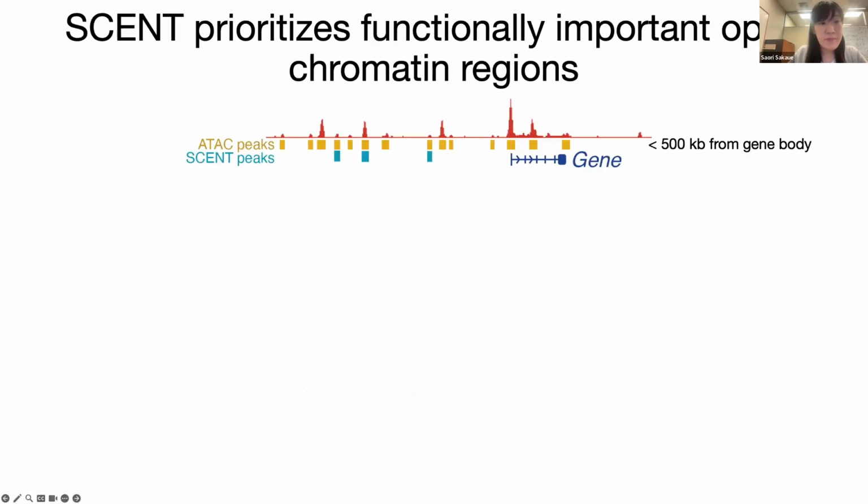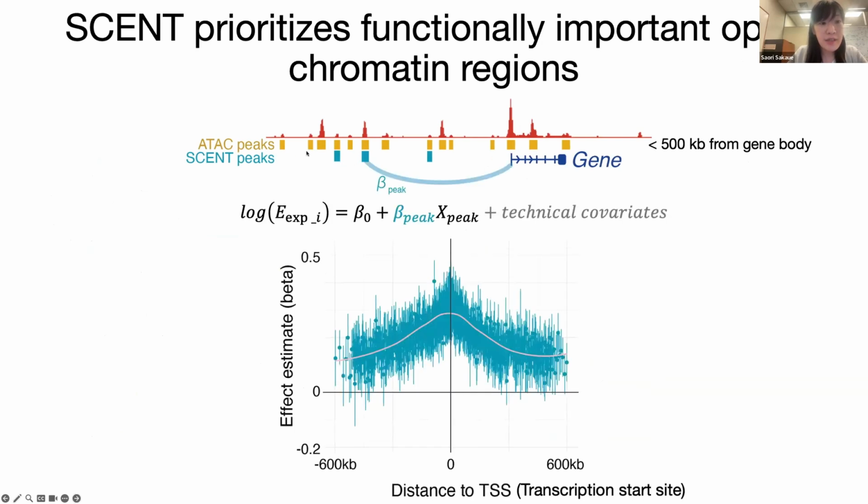So as a recap, we tested each ATAC peak-gene pair at a time and identified significant SCENT enhancer-gene linkages. And as a way to understand how variable these enhancer-gene links are, first we plotted the coefficient beta, the association between peak accessibility and gene expression, as a function of the distance to the transcription start site.